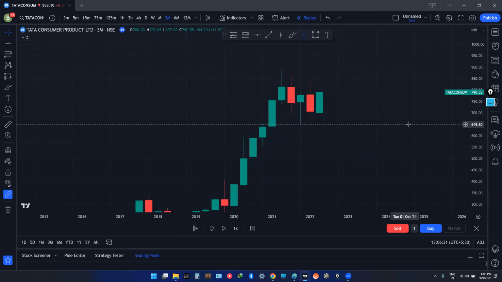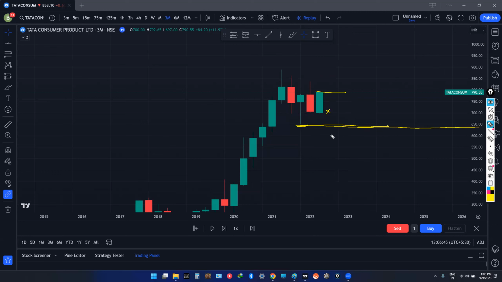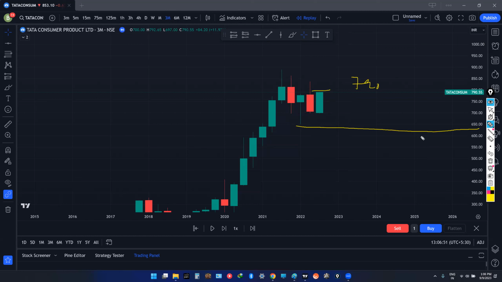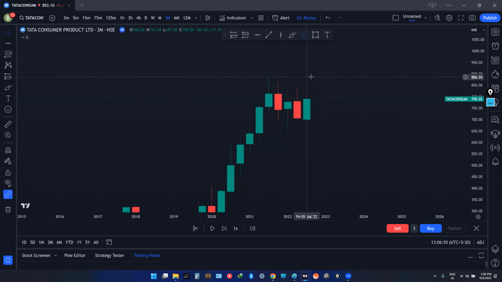Eventually, here you will find it very attractive. First, second, and third. So you can buy here. Your stop loss will be this, not this, this. So if someone would have bought at 790 with a stop loss at 650 on quarterly basis, what happened next?